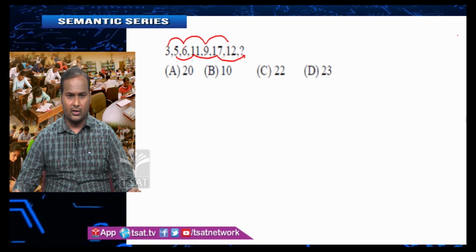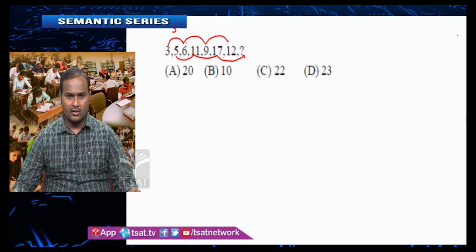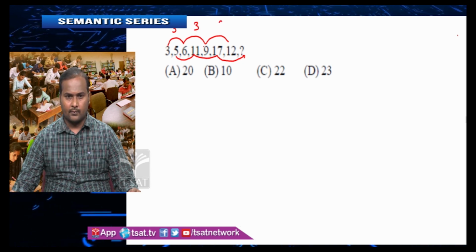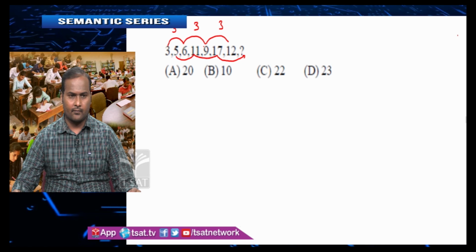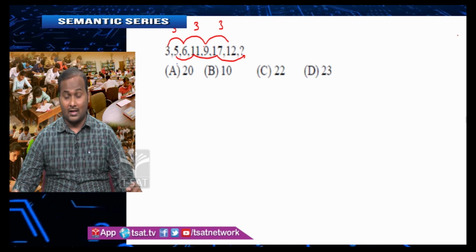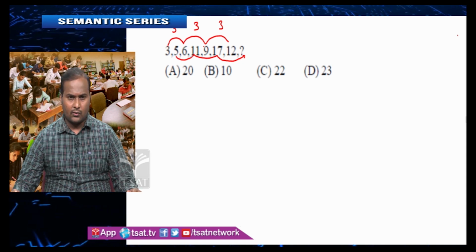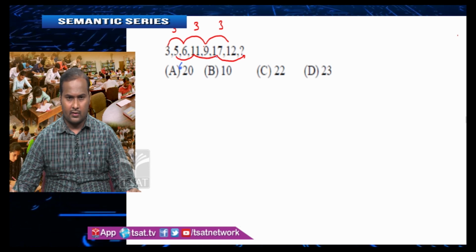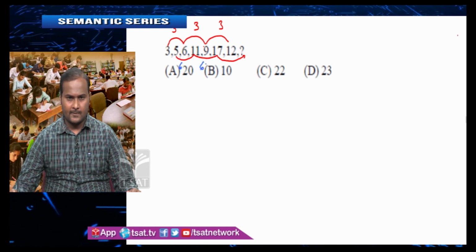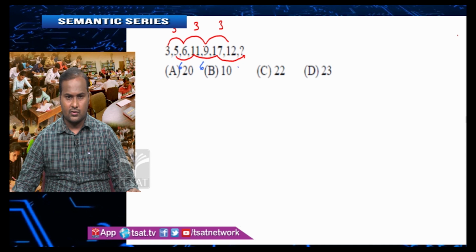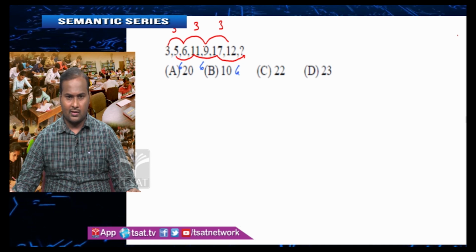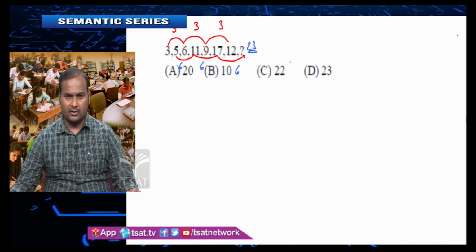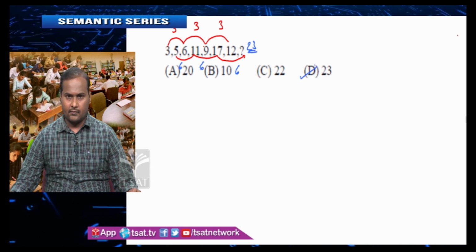Here see, 3 to 6 increasing by 3, 6 to 9 also increasing by 3, 9 to 12 also increased by 3. And you see the next series, 5 to 11 increasing by 6, 11 to 17 also increased by 6, and again it has to increase by 6. So 17 plus 6, your answer is 23. So D is the answer.